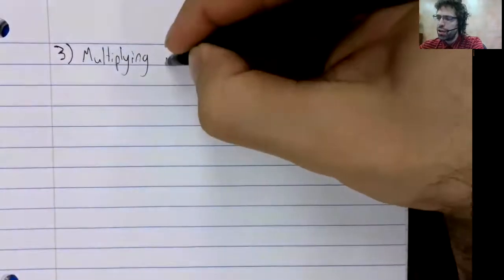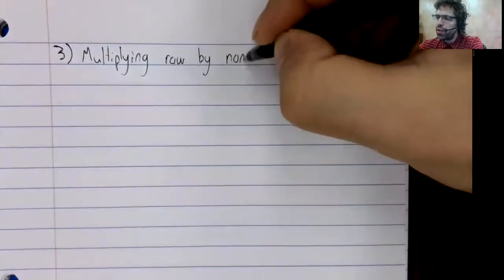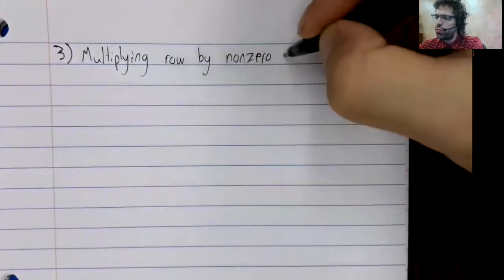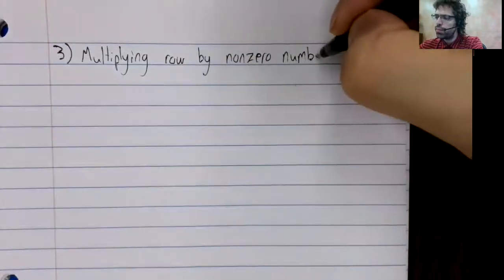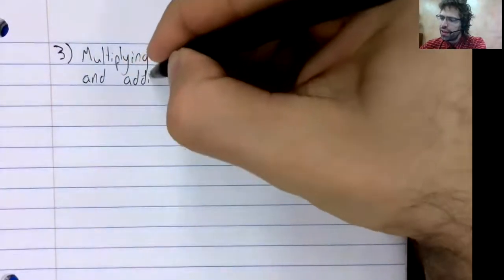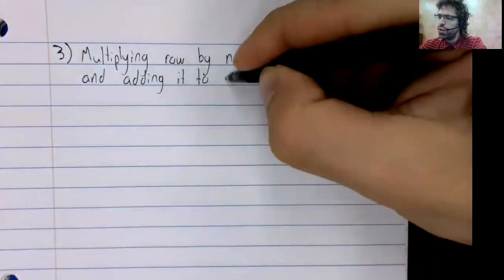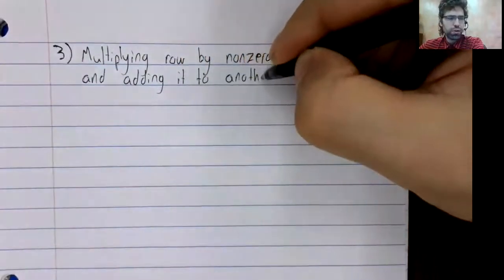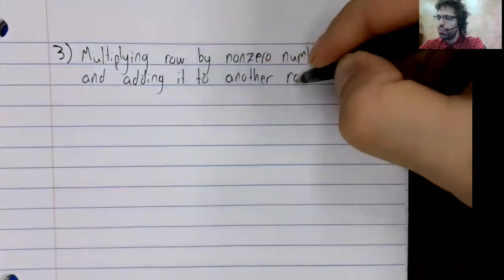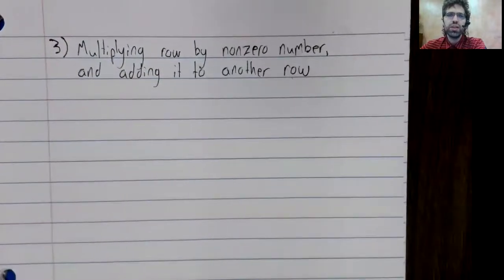Multiplying a row by a non-zero number and adding it to another row. It's our claim that this doesn't change the span.